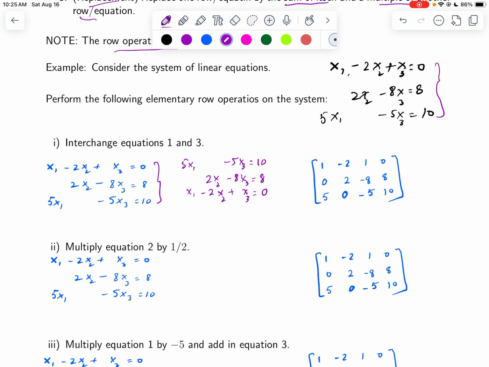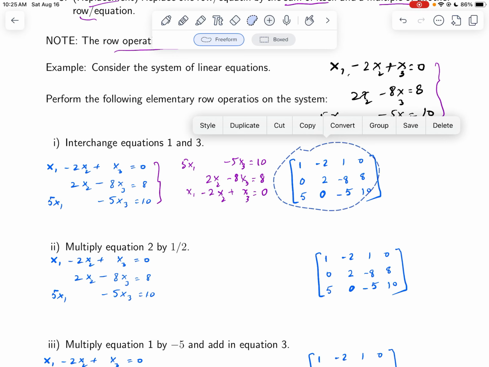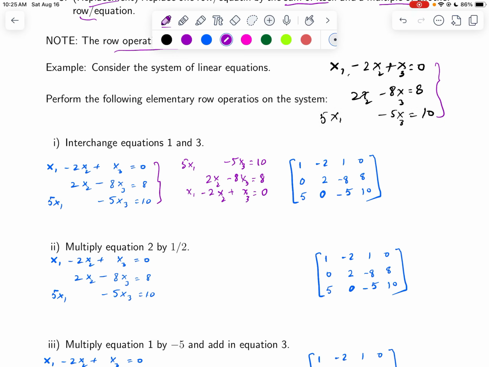If we were doing it using the matrix, here is the matrix. How will it change in matrix form? This is how we write the matrix. By the way, we use these big square brackets. The last row, the third row, will become the first row.